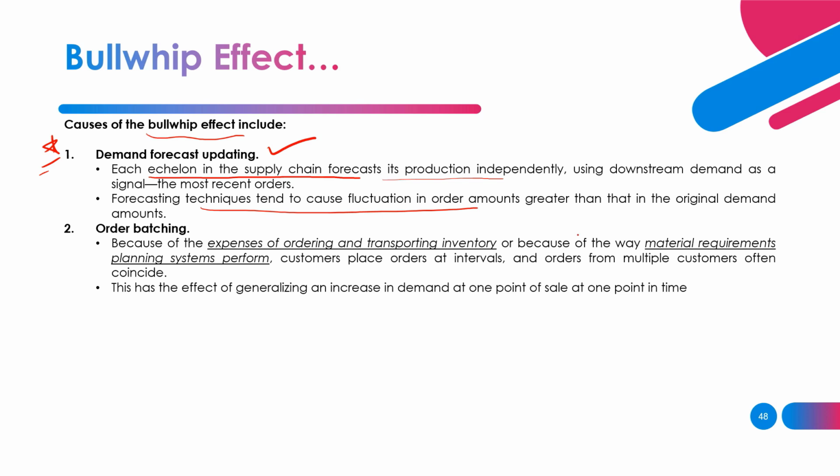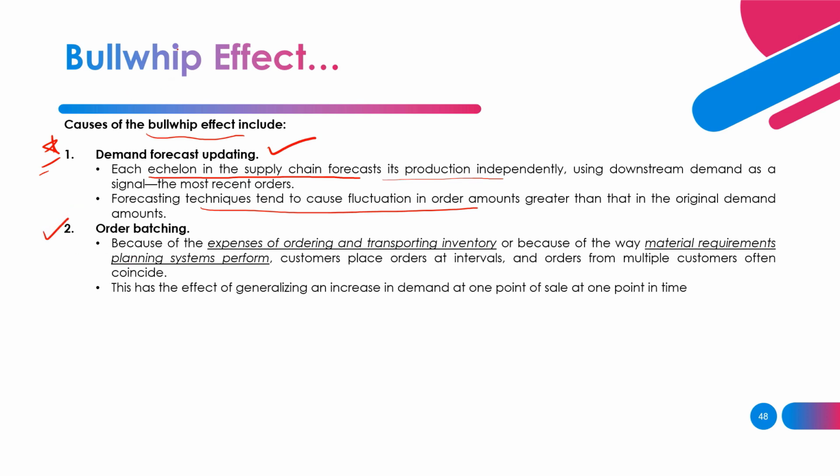So they normally order more quantity compared to the demand. Due to the multiple demands from the customers, at a certain point of the supply chain the demand for the product increases. That's where we start ordering a huge quantity in the supply chain. That's why the bullwhip effect occurs.